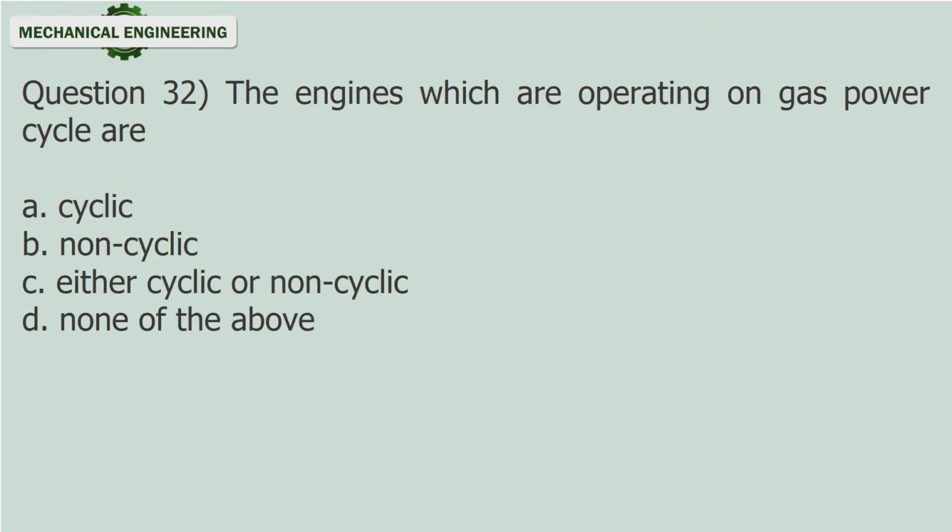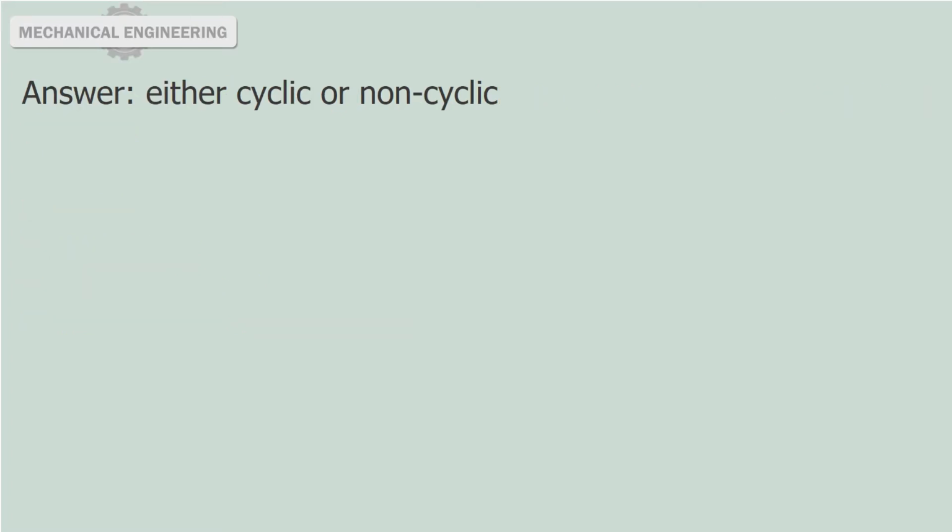Question 32. The engines which are operating on gas power cycle are A. Cyclic, B. Non-cyclic, C. Either cyclic or non-cyclic, D. None of the above. Answer: either cyclic or non-cyclic.